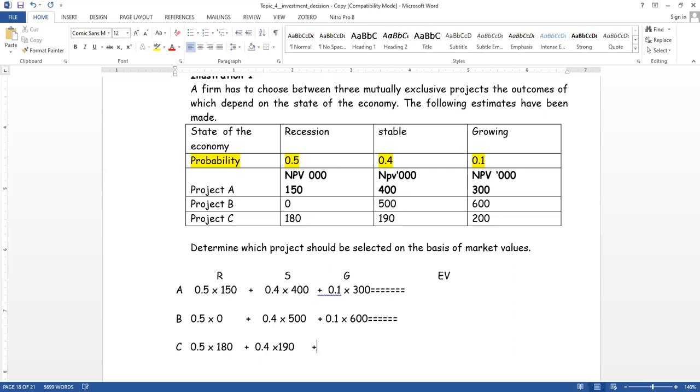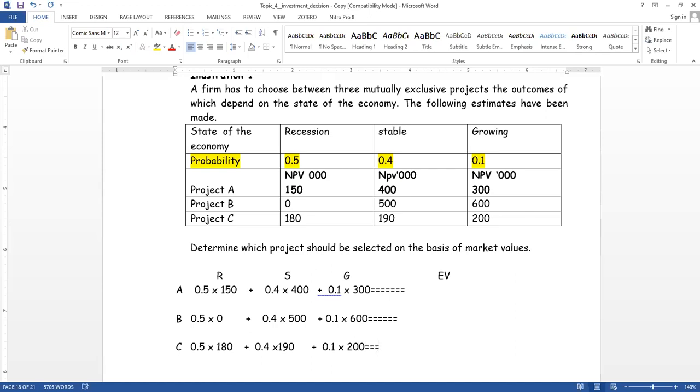Then I add the one of growing, 0.1 times 200.